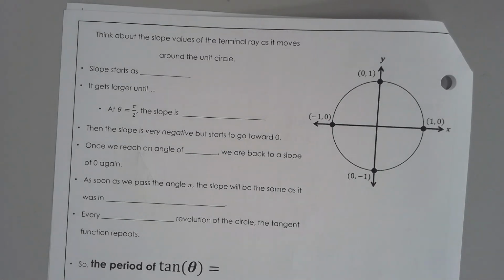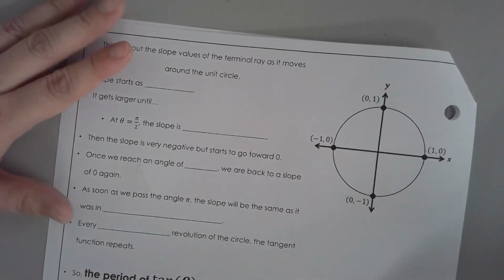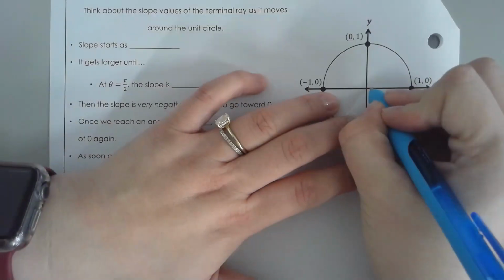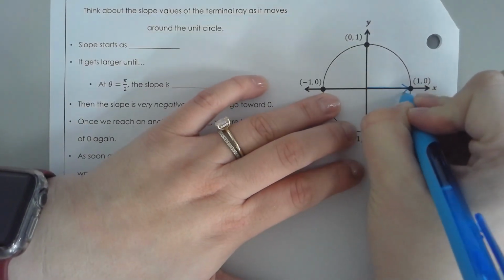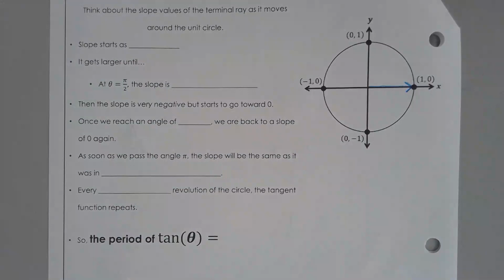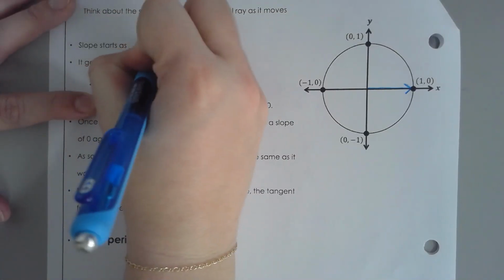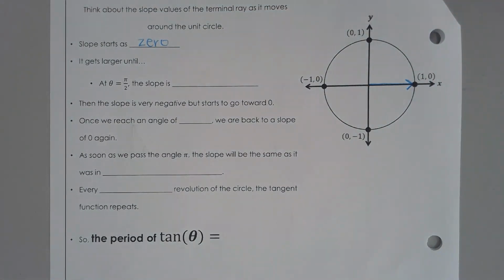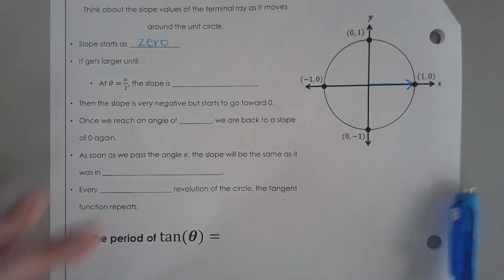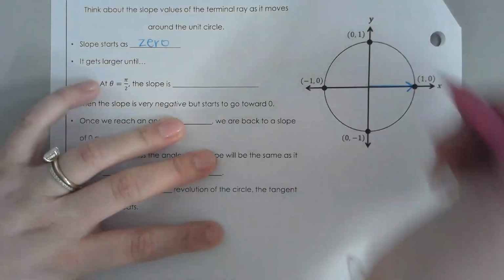So if we start on the unit circle, and let's say that I'm starting with this right here. My radian measure is either 0 or 2 pi. What's the slope of that line? 0. So if we're going around the unit circle, the slope starts at 0. And then if I just keep going, I'll get a ruler because I want straight lines.